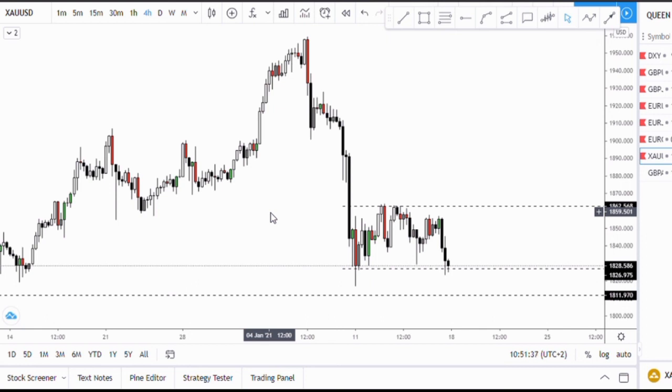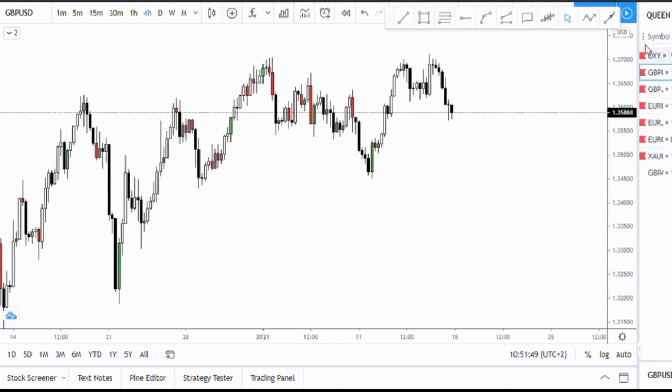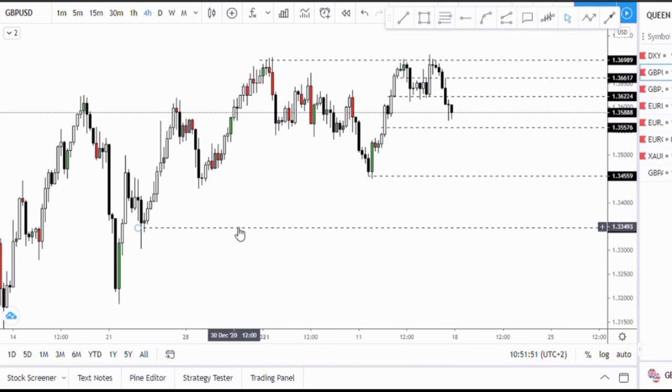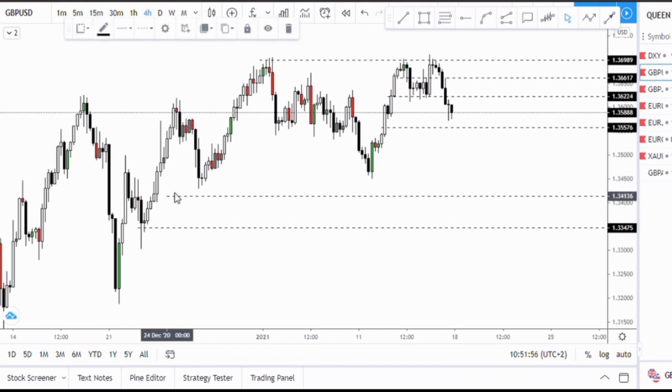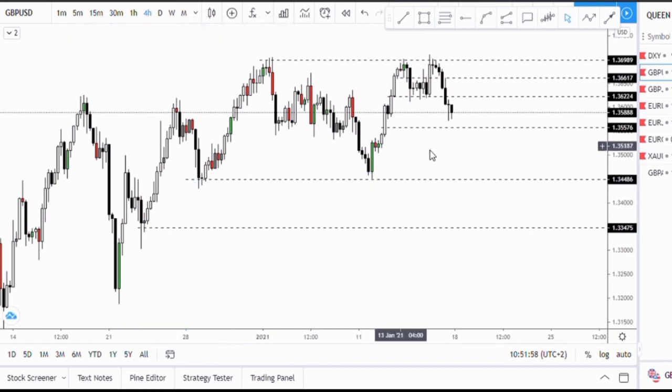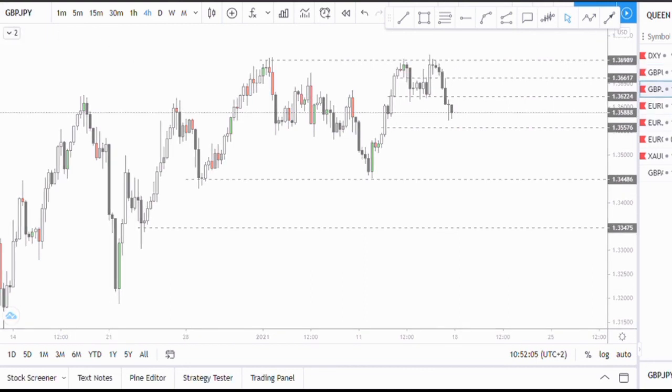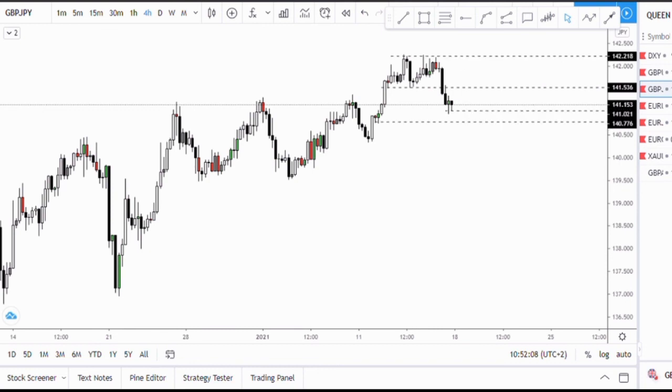If you're not only looking at technical analysis, you should also understand that all of the pairs are affected by USD. This is how. If you look at Pound USD, it is affected by USD, right? And then Pound USD affects Pound JPY because of the pound.